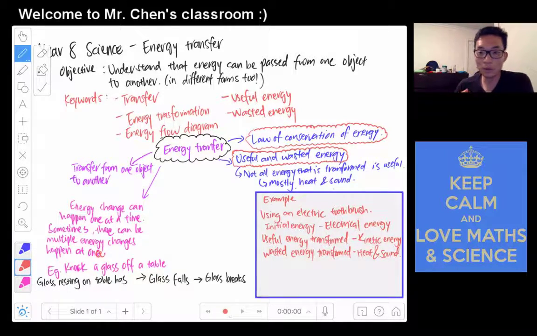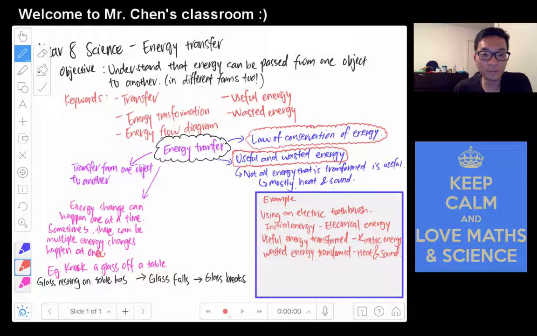When you knock a glass off the table, let's look at the energy transformation chart. This is how you should do it. First, you're going to have to look at the action.